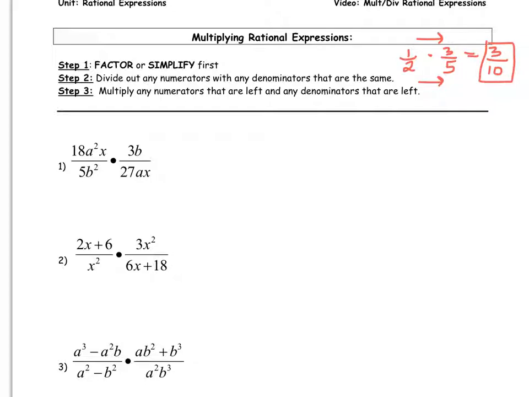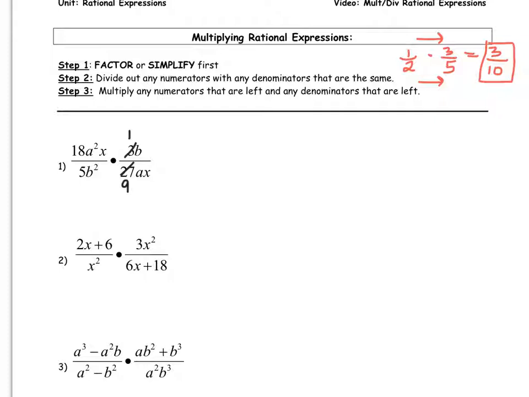So what I'm going to do is first look at the 3 and the 27. I can divide those both by 3. So if I divide 3 by 3, I get 1. And if I divide 27 by 3, I get 9. Now, there's a b in the numerator and in the denominator here, so I can divide this b with one of these b's.